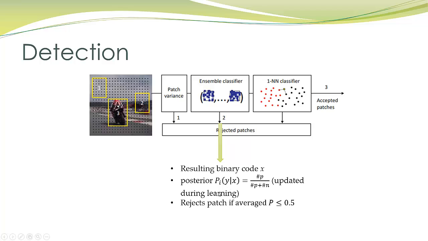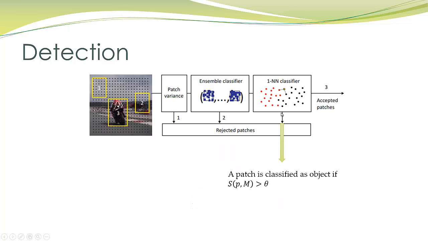If this posterior probability is larger than 0.5, you consider the patch accepted, and it goes to the next stage. Otherwise, it is rejected. In the next stage, only a few patches remain, so you just do the nearest neighbor comparison.